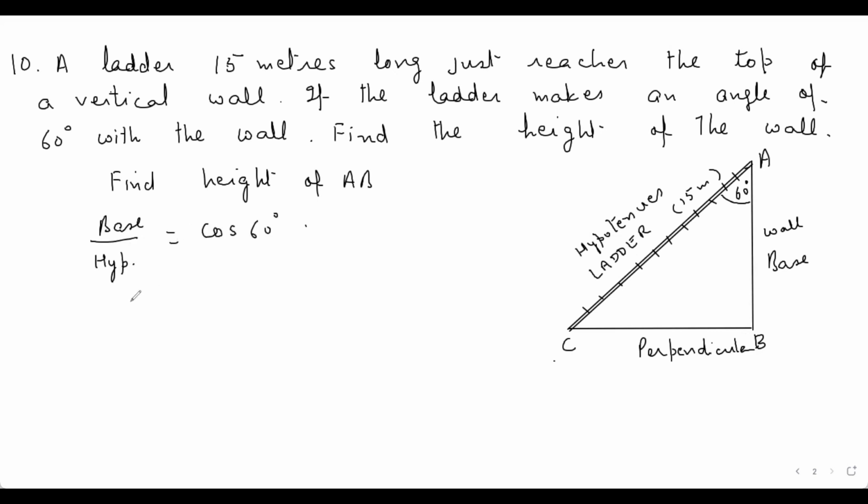Now base here is AB and hypotenuse is AC is equal to cos 60 is 1 by 2. I am to find the value of AB and AC is given 15, is equal to 1 by 2. So AB is equal to 15 by 2 meter. So that is the answer.